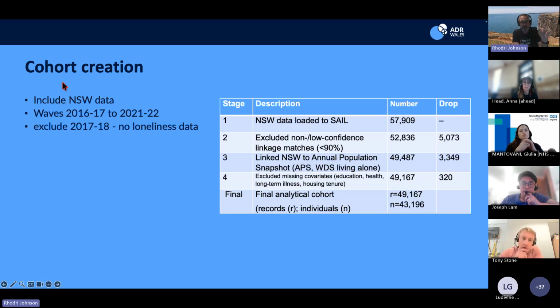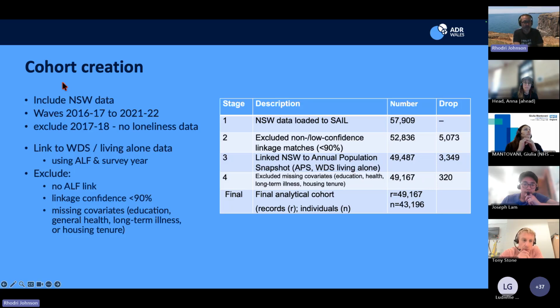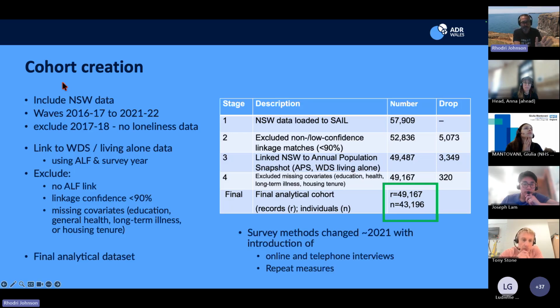Then a further reduction will be linking it to that spine, and then finally some further exclusions for covariates, and then a final analytical cohort of around 50,000 records relating to 43,000 people. They changed the survey methods in 2021 with COVID, allowing repeat measures and online interviews, etc.